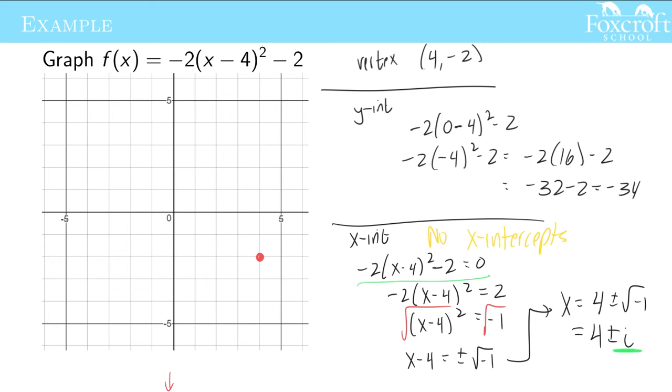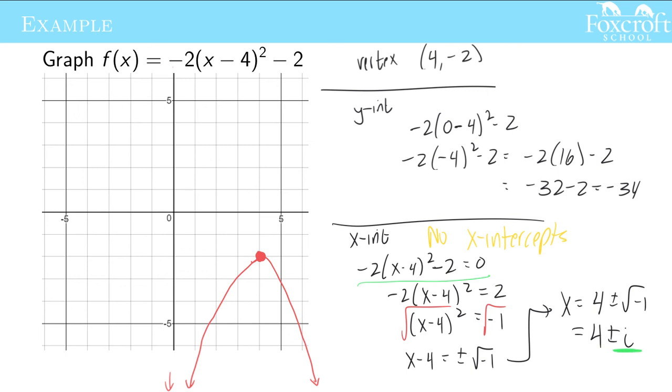And that makes sense because if this point here is my vertex, and it's either the highest or the lowest point, well, this being negative means it's going to be the highest point, and you just go downward to get to that y-intercept we know is at -34. And then there's no x-intercepts that are possible because I'd have to go upward from that vertex.